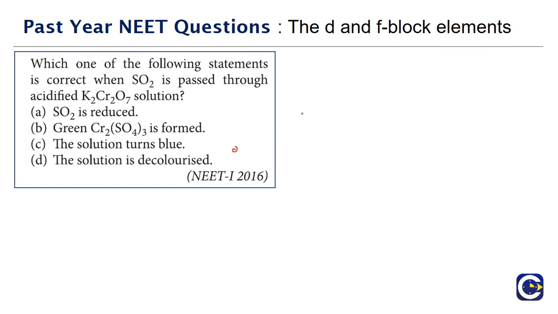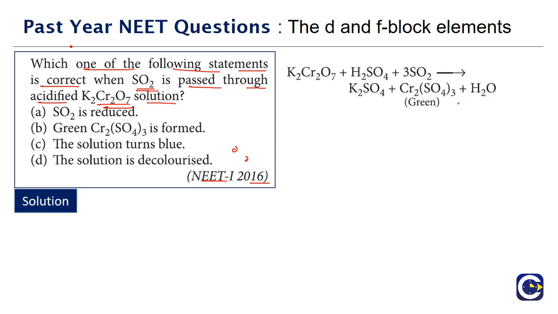Next we have a straight question based on the K2Cr2O7 reaction. It has come in the NEET paper 1 of 2016. Which one of the following statements is correct? When SO2 is passed through acidified K2Cr2O7 solution, we will be forming the green color complex of chromium sulfate, Cr2(SO4)3, which is a green color compound.